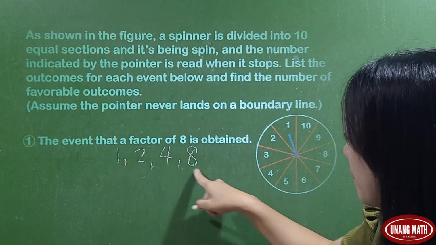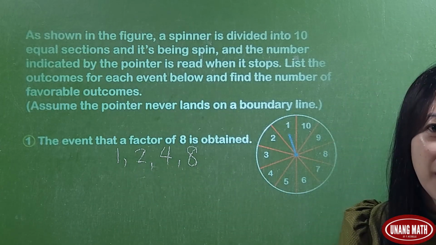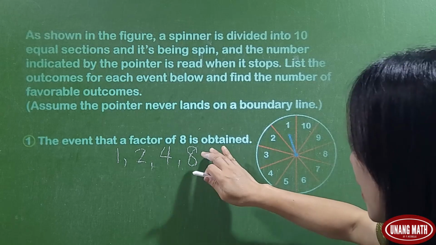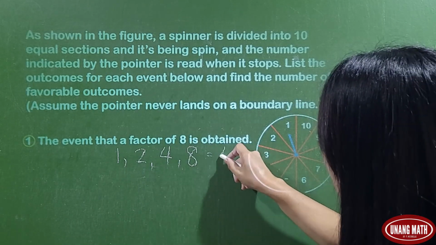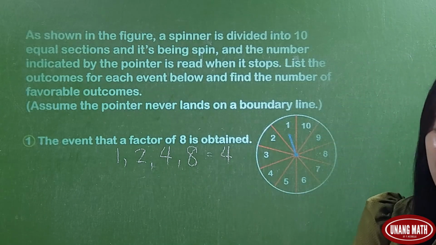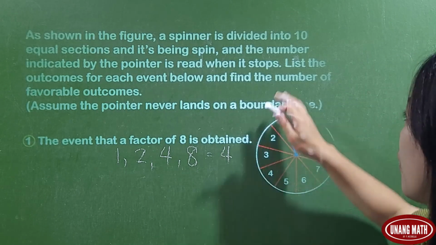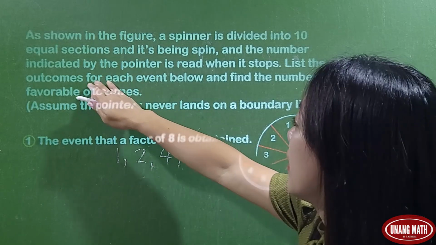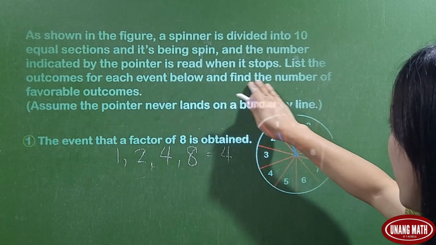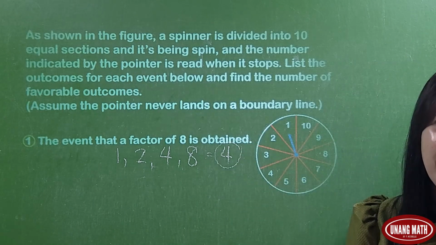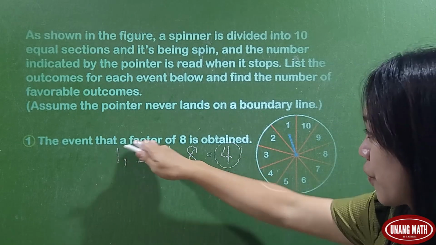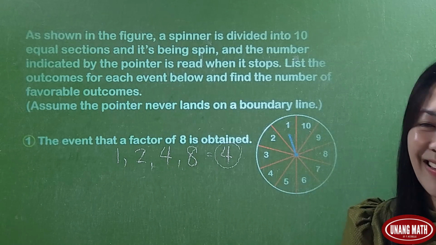So these are the favorable outcomes. So for the event that a factor of 8 is obtained, we have 4 favorable outcomes.